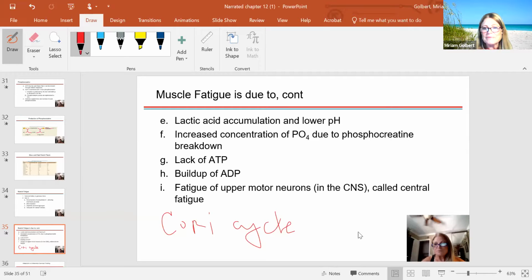So upper motor neurons, your central nervous system, we don't have ready and apt motor neurons. That's why it's called central fatigue. It doesn't have to do with your actual muscle, but with the motor neuron that is coming down and trying to innervate the cells.